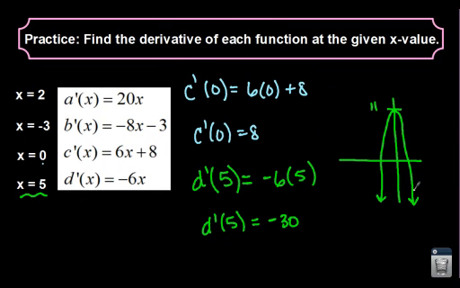So if this is negative 5 down here, what this is saying is the tangent at this point looks like a positive slope. Let me try this again. Okay, that's a very crummy drawing, but what we're looking at is the slope is negative 30. So it's a really steep negative slope when x equals negative 5 on our original curve.